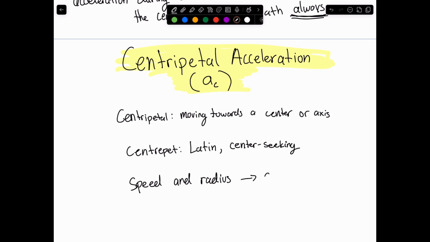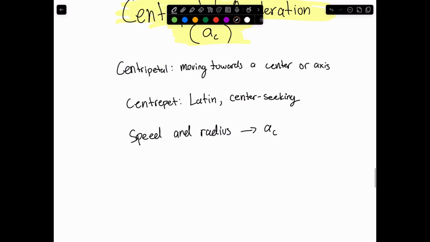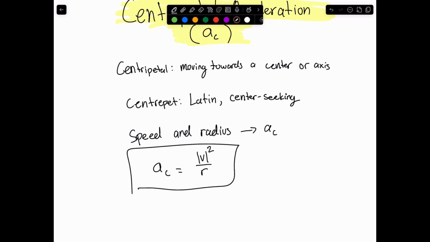This equation is a sub c is equal to the magnitude of velocity, or the speed, squared over r. Now, I'm not going to do a derivation of how I got this acceleration equation right now. I might do one in the future. But for now, just keep this equation in the back of your mind.